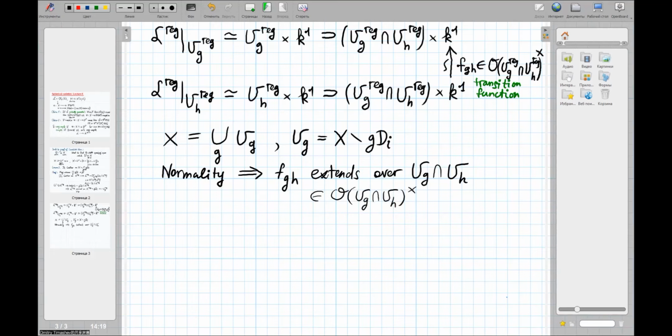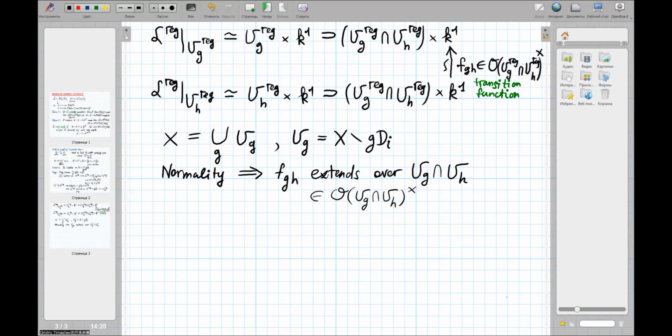Okay. This means that this set of functions f sub gh can be considered as the set of transition functions for a line bundle over the whole X.